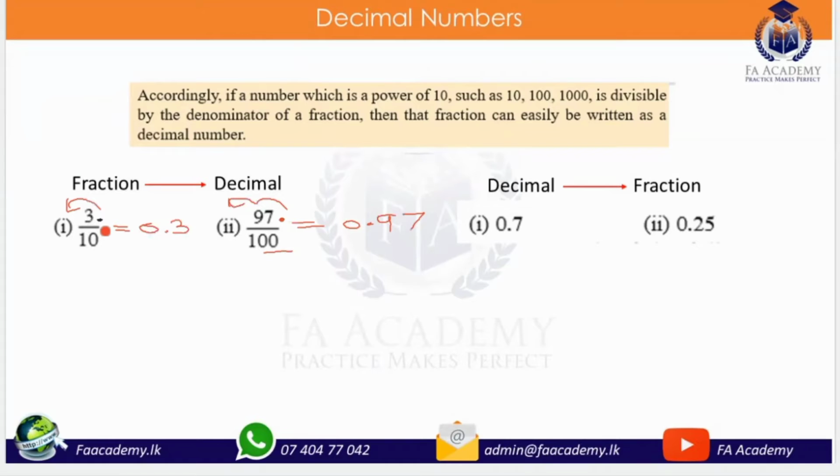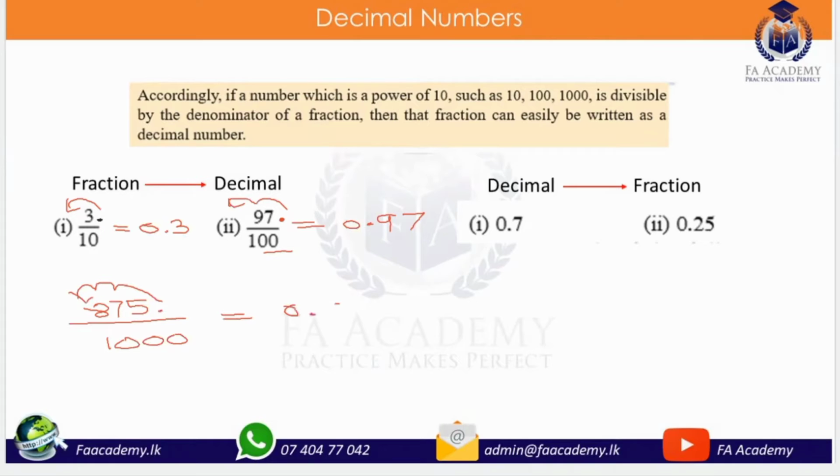So I'll give you an extra question just to make sure that you understood everything. 875 divided by 1000. What do you think the answer would be? You know the decimal place is here. So you can see first you have to count how many zeros are there and you have to move 3 times backwards.